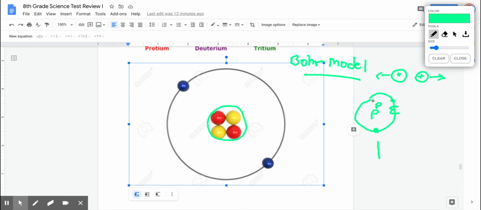So the protons will go away from each other unless you have that neutron, and you need 2 neutrons for those 2 protons. So you see those neutrons right here. The neutrons are like babysitters. They're like glue, holding the protons together. So that's why helium has 2 protons and 2 neutrons to hold it together.